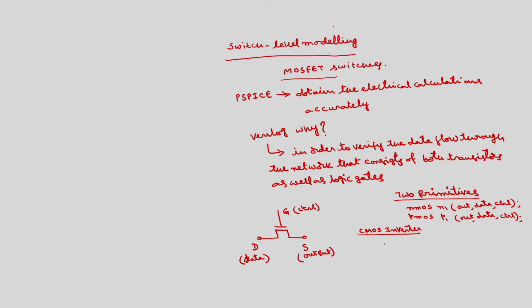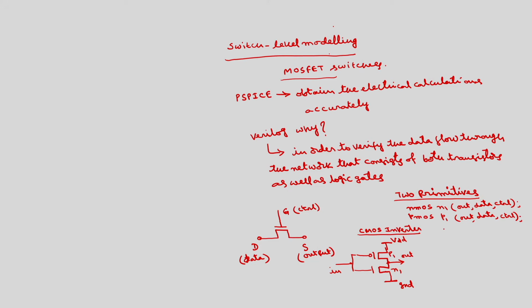This is VDD, two MOSFETs, this is ground, this is VDD, this is PMOS, this is NMOS. These two gates will be connected to the input, let the input be in, and here you take the output, out. This PMOS I will call P1, this NMOS I will call N1.